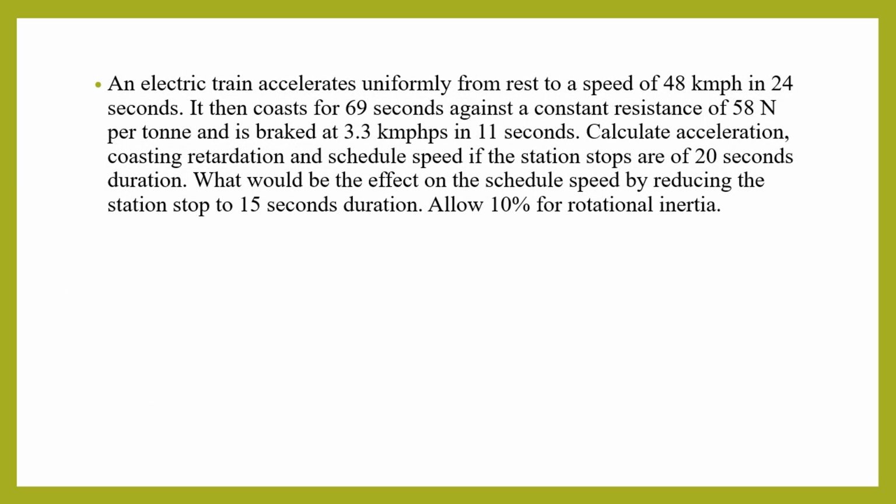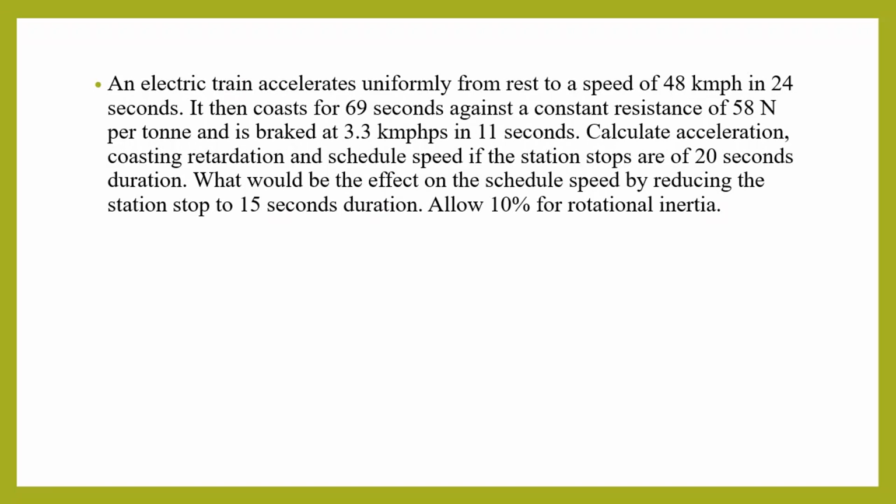Next problem: an electric train accelerates uniformly from rest to a speed of 48 km per hour in 24 seconds. It then coasts for 69 seconds against a constant resistance of 58 Newton per ton and is braked at 3.3 km per hour per second in 11 seconds.